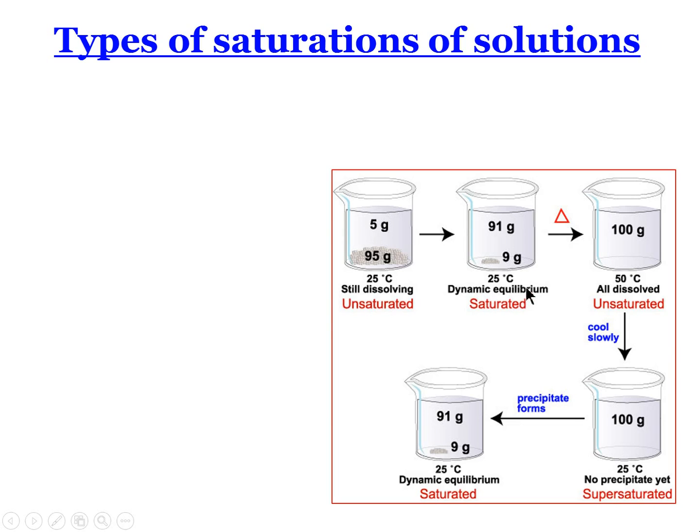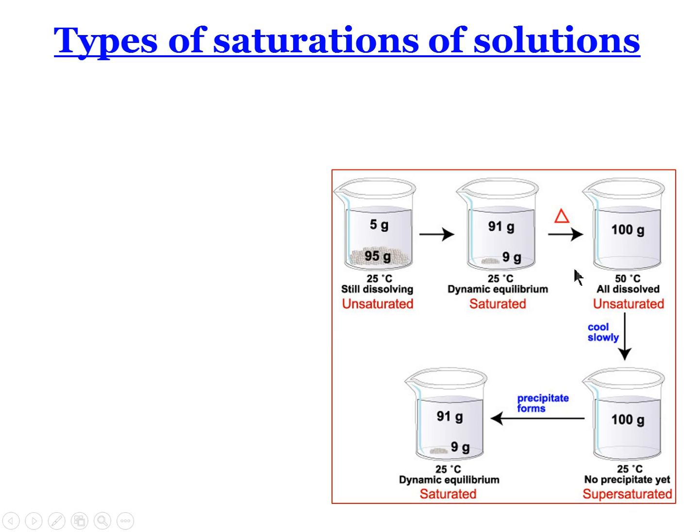At the dynamic equilibrium, we observe that 91 grams of NaCl are soluble, and we have 9 grams that are precipitated. That means in this volume of water, we can dissolve a maximum of 91 grams of NaCl. So the solution is saturated by the solute.